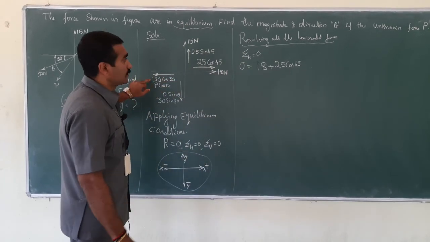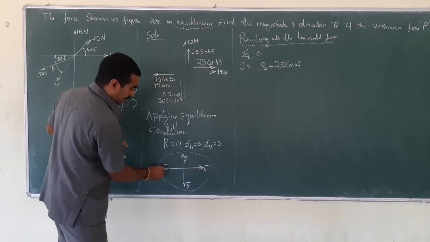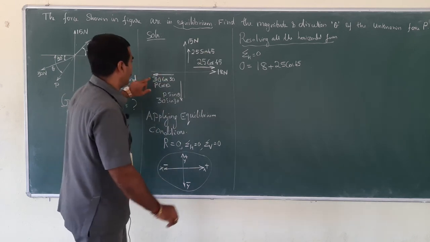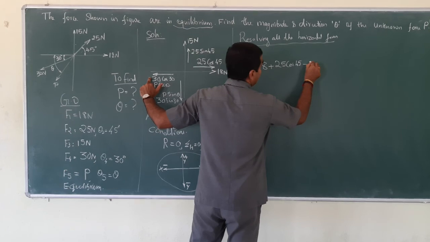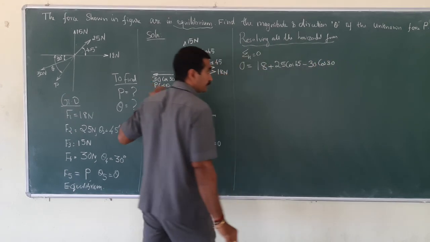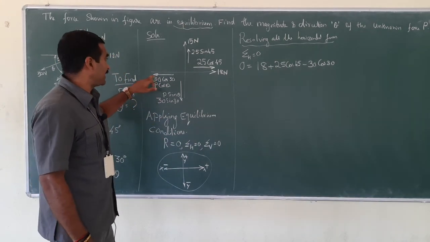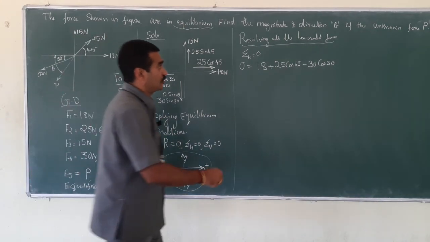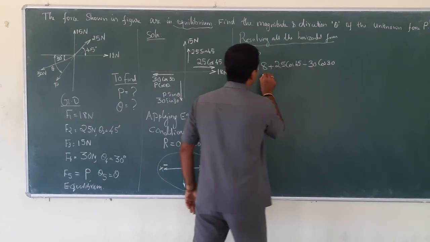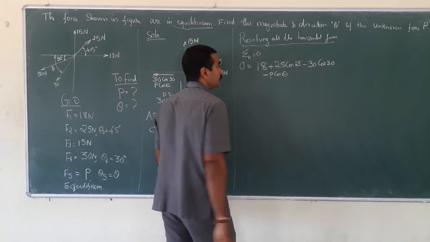And when you come over here, look at here, this indicates the negative x direction, which is minus 30 cos 30. And one more force, which is P cos theta, which is acting in the negative x direction, that is minus P cos theta.